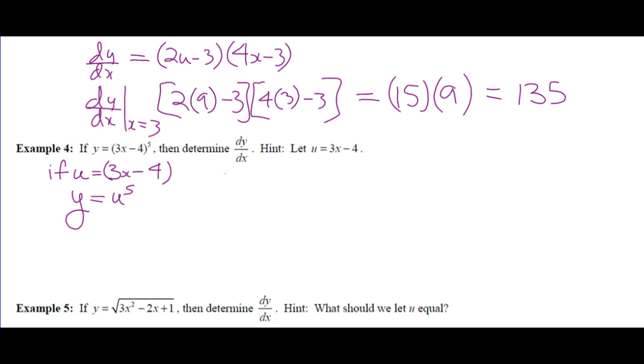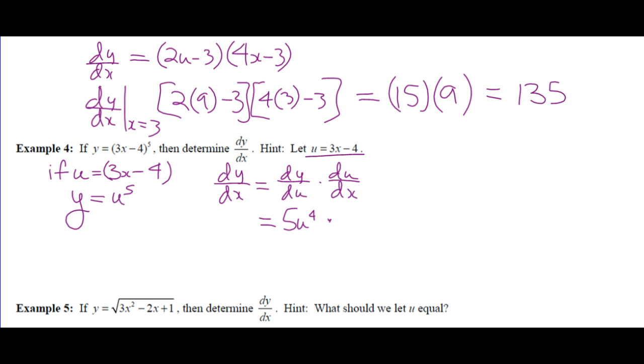Okay, now we got a formula, right? So we know that dy by dx is equal to dy by du times du by dx. We've now expressed y in terms of u, so we can work out dy by du, which is 5u to the fourth, right? And du by dx, so we know what u is in terms of x, so du by dx is the derivative of this. 3.